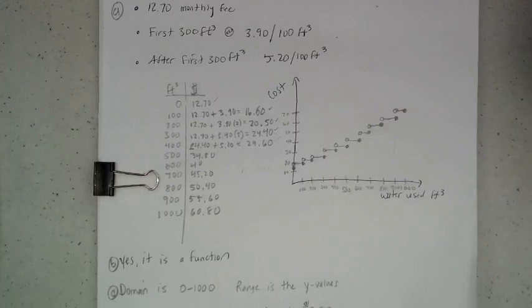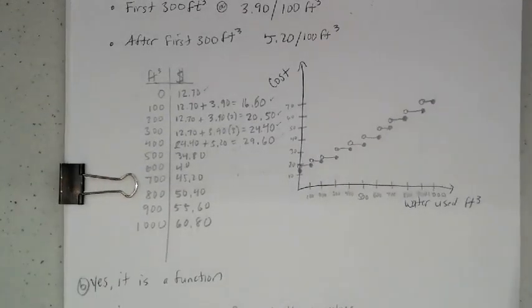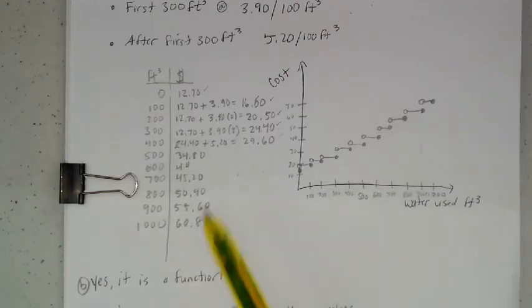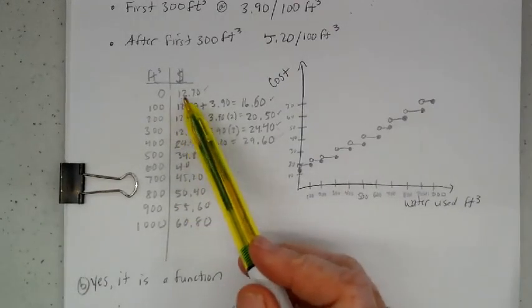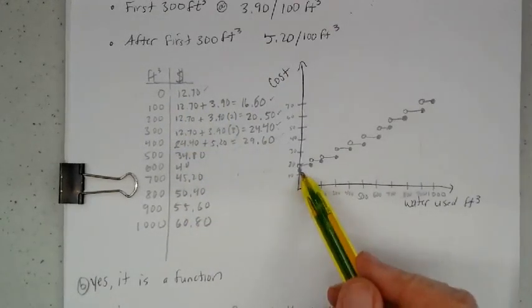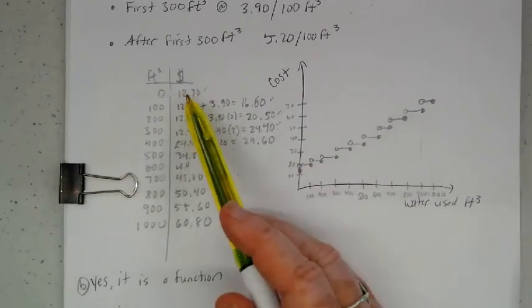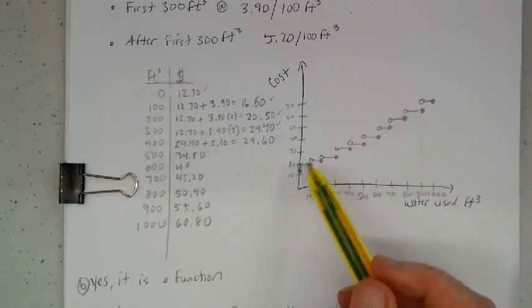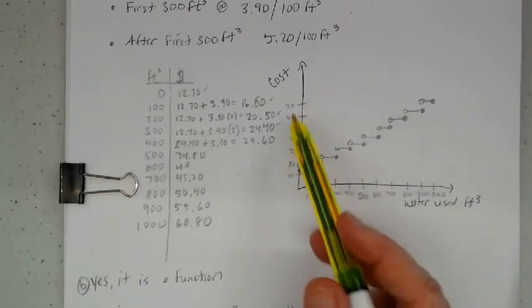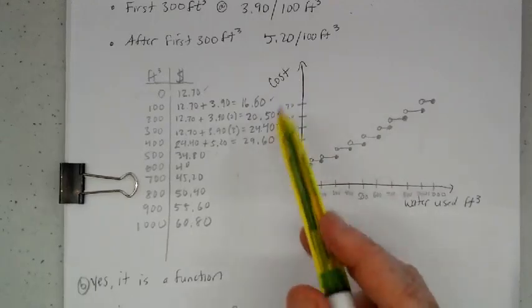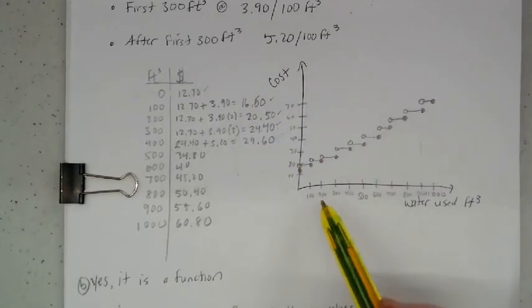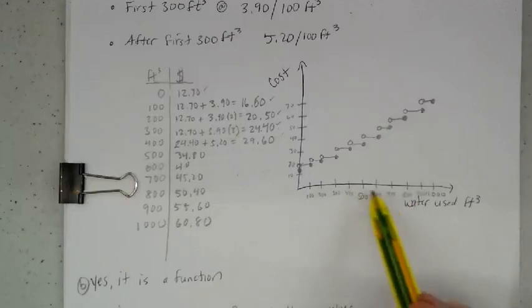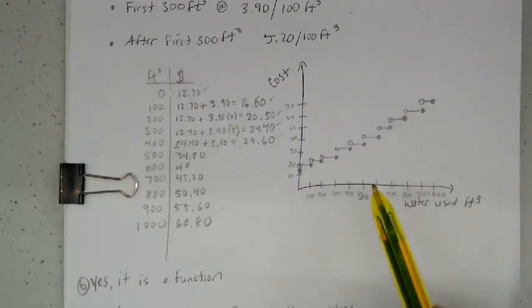And I made a table, and I knew she was going to use up to 1,000. If she doesn't use any water at all, she still has to pay the monthly fee, so I put that at $12.70. I'm scaling by tens on my cost axis, and by hundreds on my water used axis.